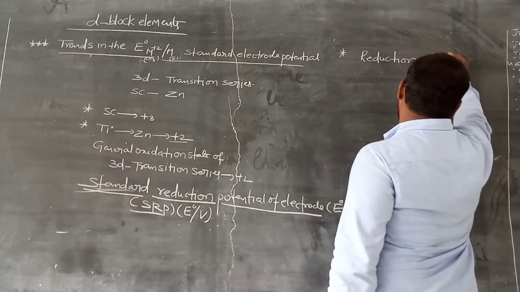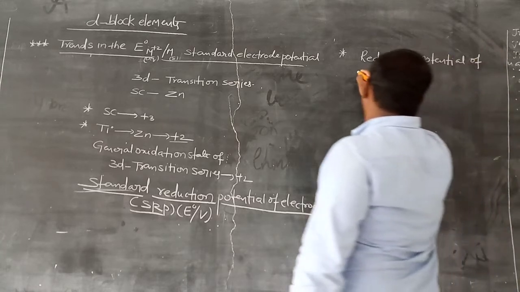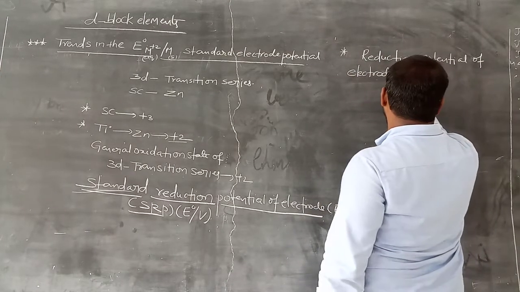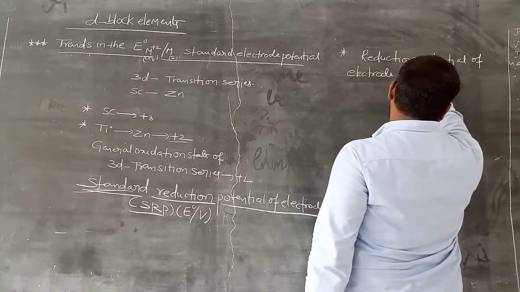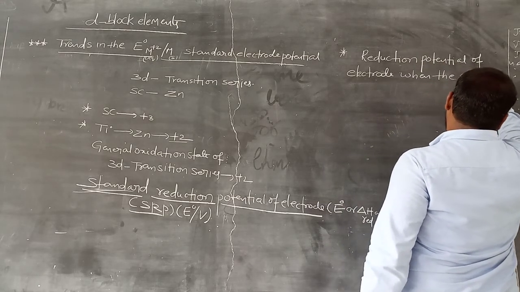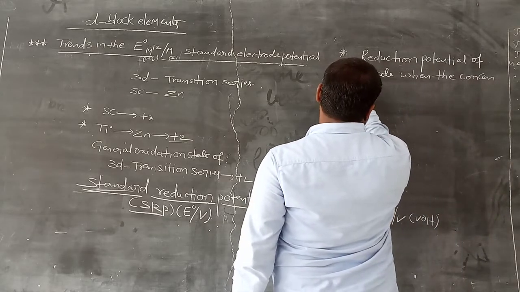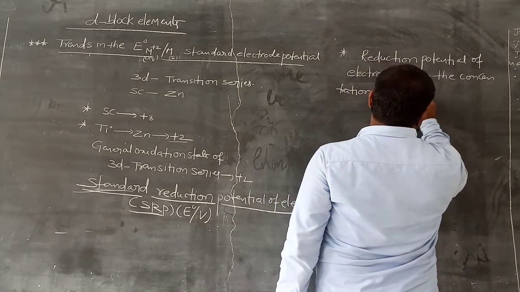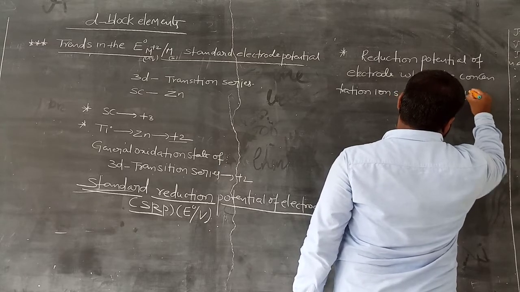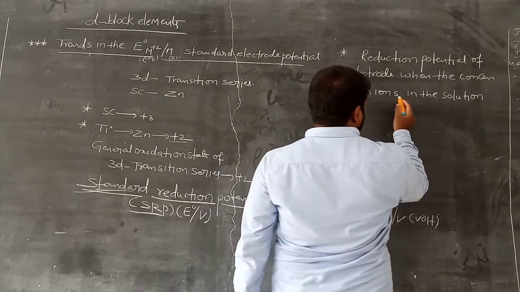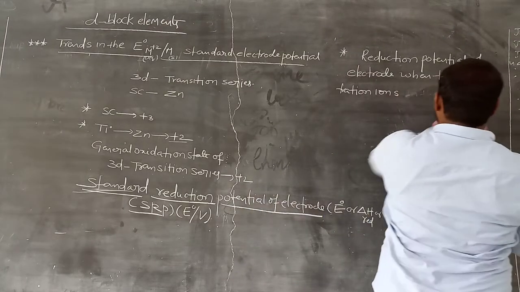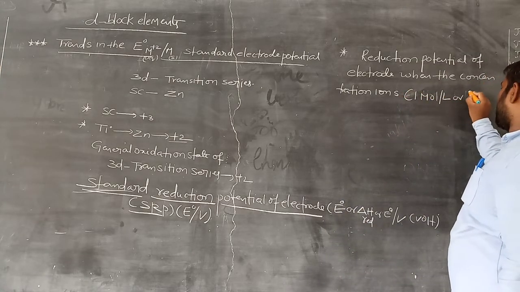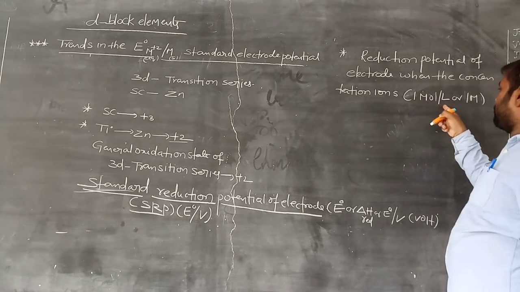Reduction potential of an electrode when the concentration of ions in the solution is 1 molar. 1 mole per liter or 1 molar, both are units for concentration.